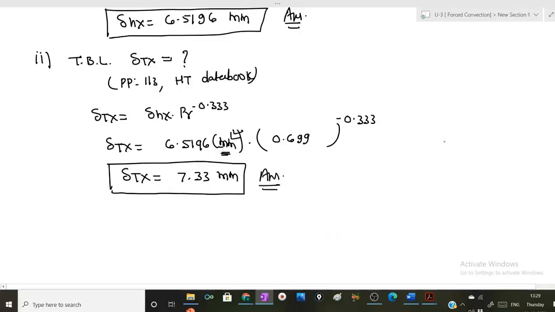Now what is this delta Tx actually? Once again, try to understand its physical significance. When a fluid with temperature T infinity is flowing over the flat plate at surface temperature Ts, and Ts is greater than T infinity, what will happen?